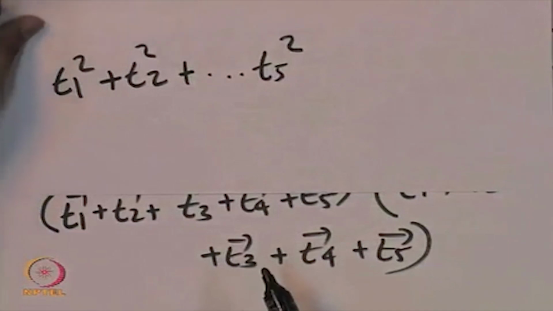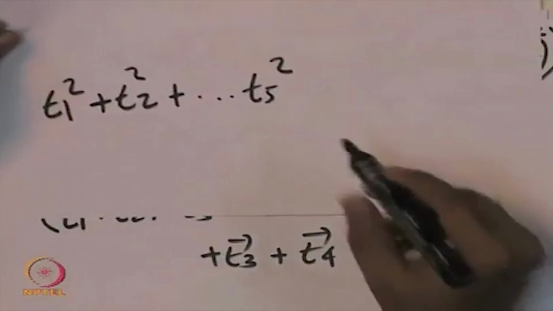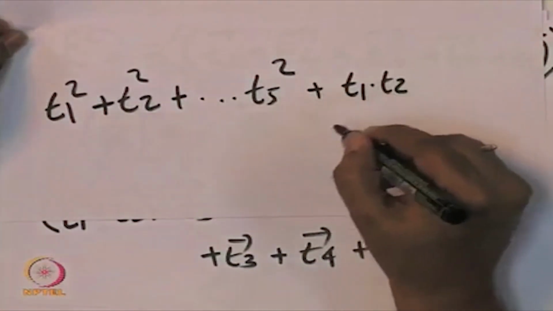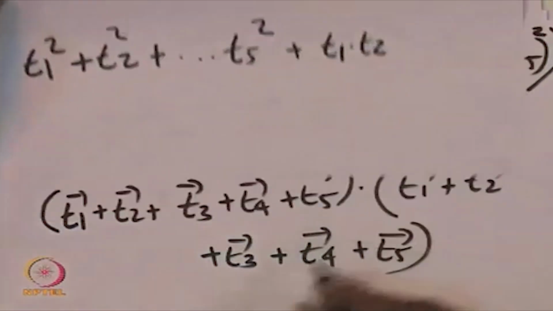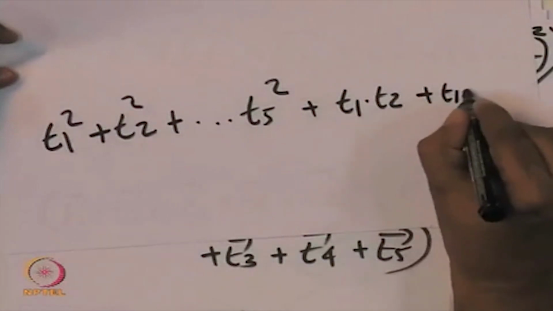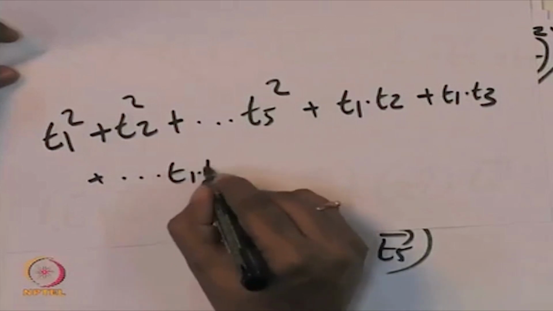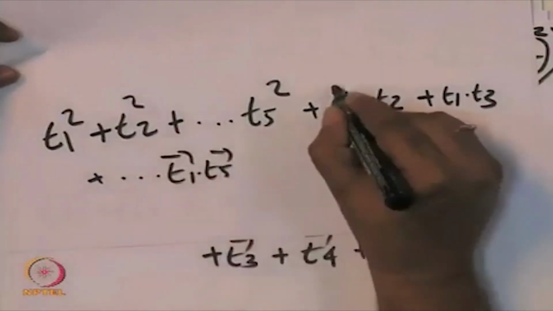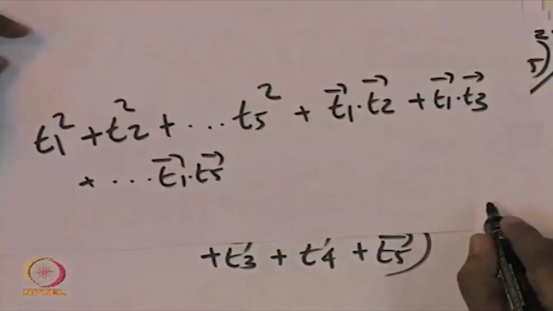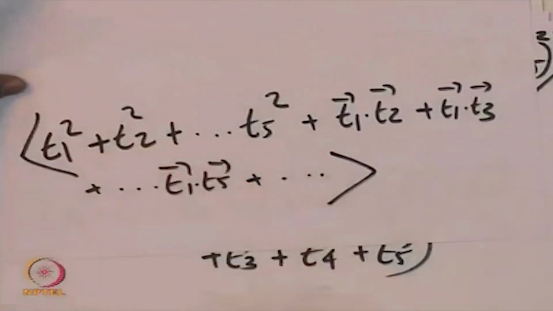Then what do we have? Then we have T1 dot T2. There are terms like T1 dot T2, there is T1 dot T3, and so on, up to T1 dot T5, plus all the rest, all of this averaged.